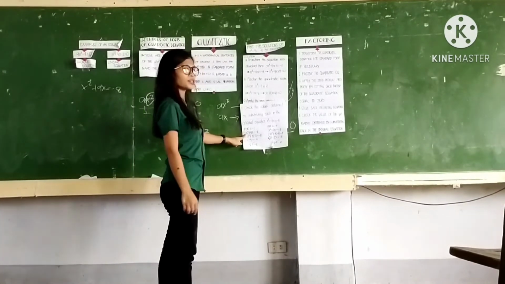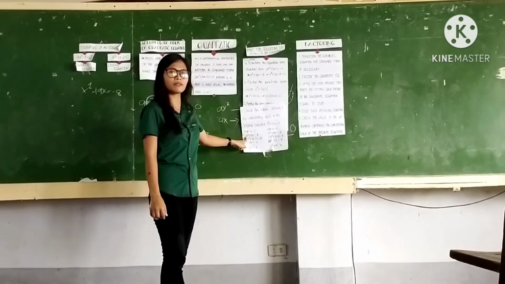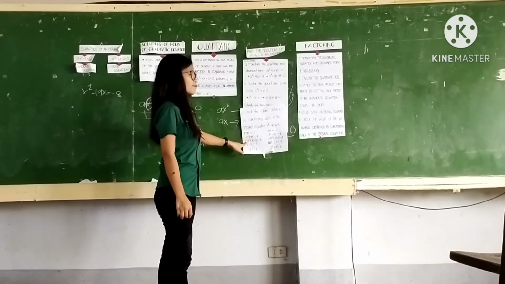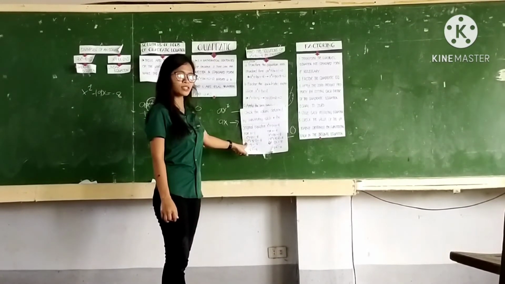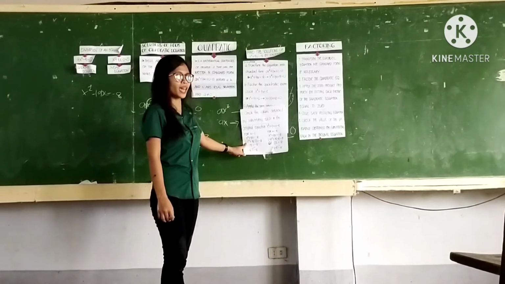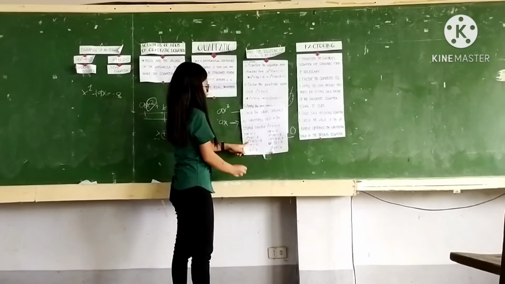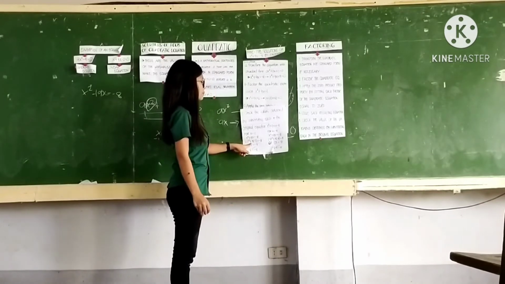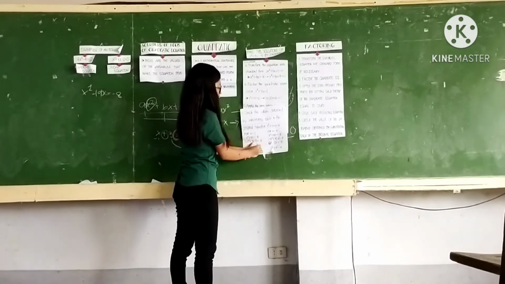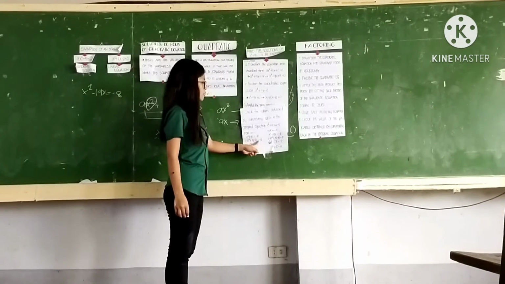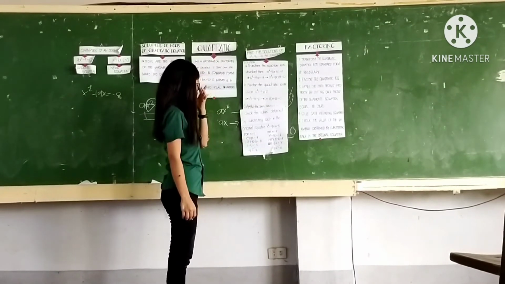Our original equation is x squared plus 9x is equal to negative 8. For negative 1, we substitute negative 1 for x. So x squared, we have negative 1 squared, plus 9x, with negative 1 substituted.